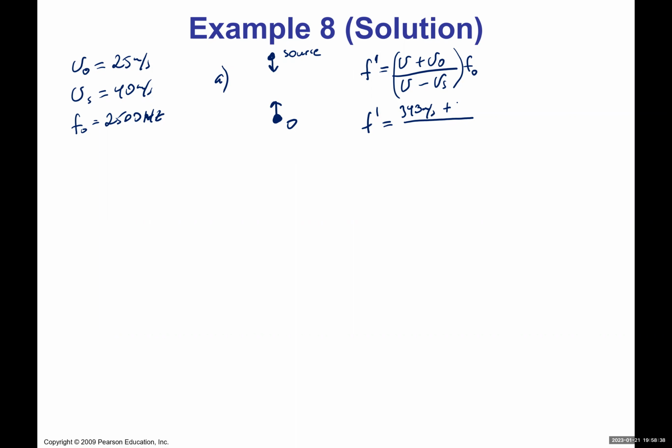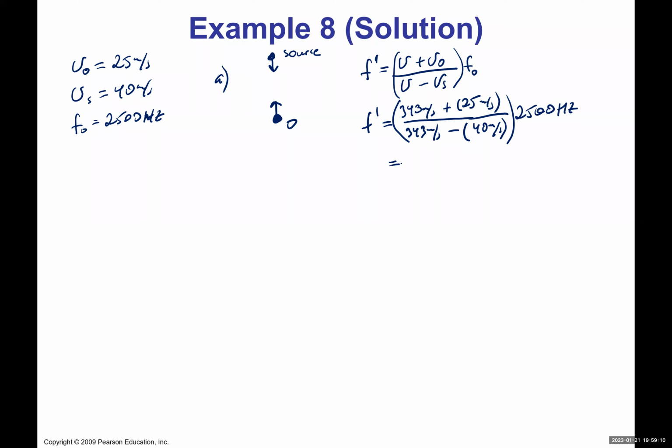So 25 meters per second for the observer, and then 343 meters per second minus. The negative is part of the equation, but because the source is moving toward the observer, we take that speed to be positive, so it becomes positive 40 meters per second. This whole thing times 2500 hertz.